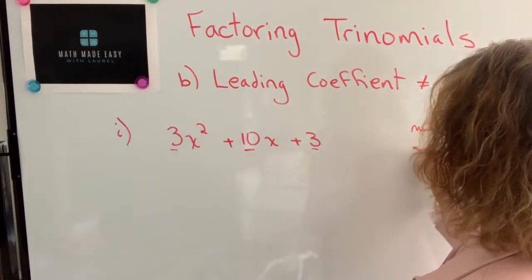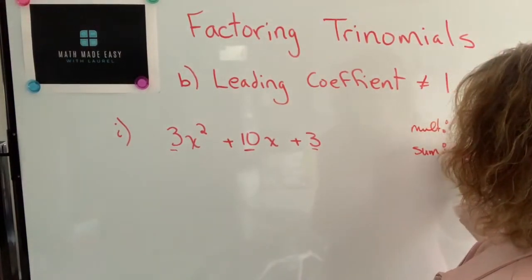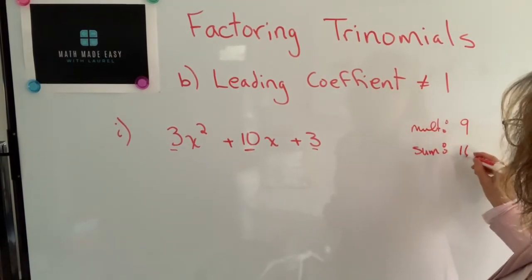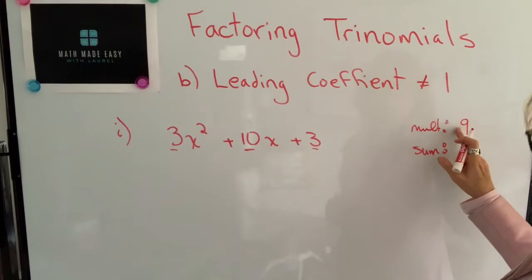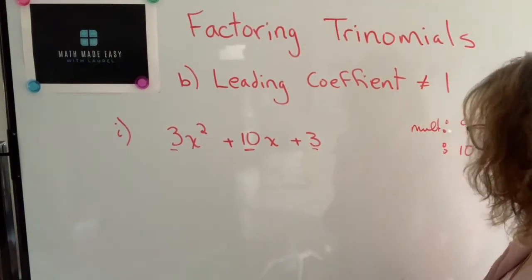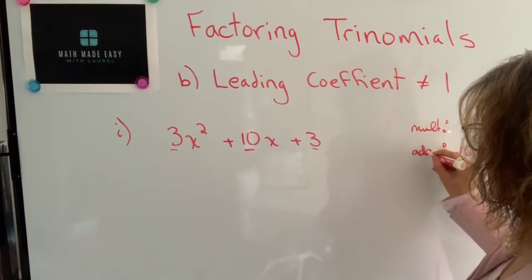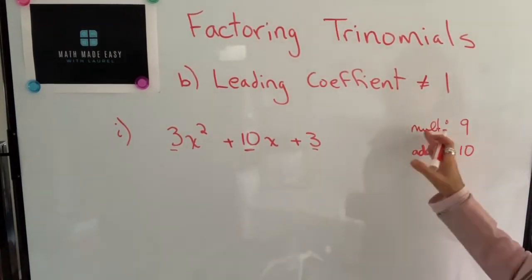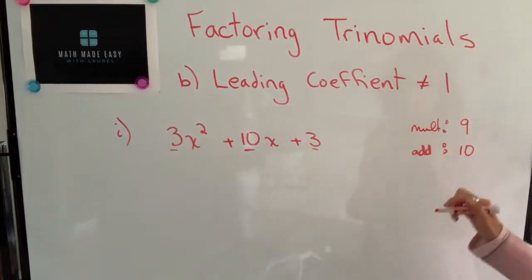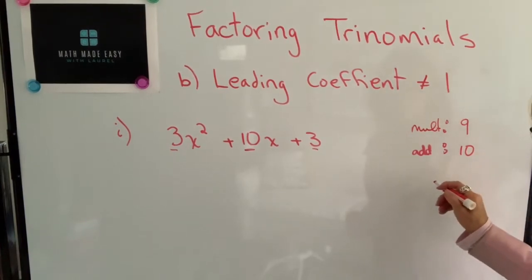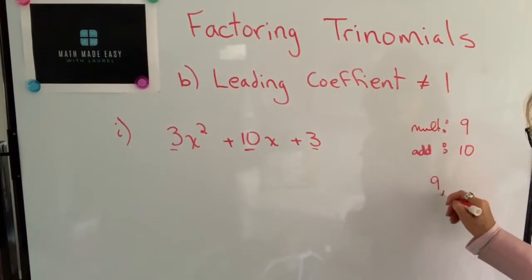So we want two numbers whose product is 9 and whose sum is 10. They have to multiply to equal that, and they have to add. We don't need to get fancy with the terminology, but sum does mean add, and product does mean multiply. So two numbers that multiply to equal 9 and add to equal 10 are 9 and 1.